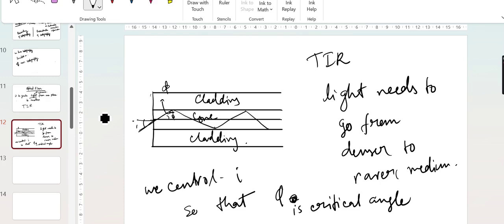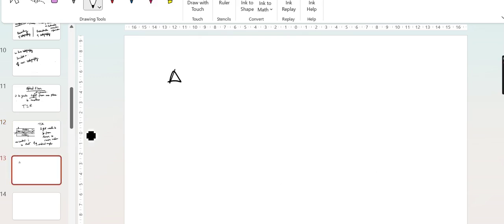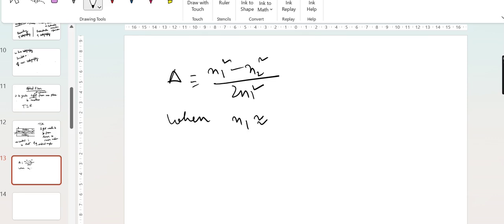We need to choose N1 and N2 such that, if this is N1 and this is N2, delta, which is a parameter, can be N1 square minus N2 square by 2N1 square. When N1 is almost equal to N2, this is equal to N1 minus N2 by N.